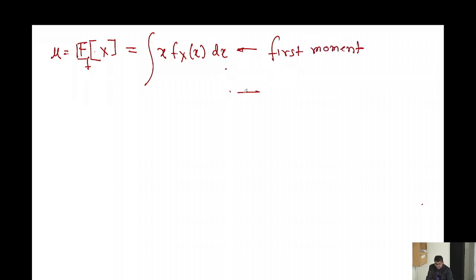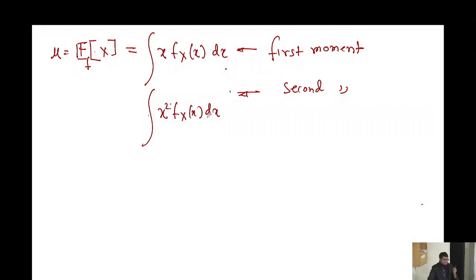Right. Similarly, if I have to find out the second moment, that will be integration x square f_X(x) dx, and this is known as E of x square, right? If I have to find out the pth moment, this is the pth moment.